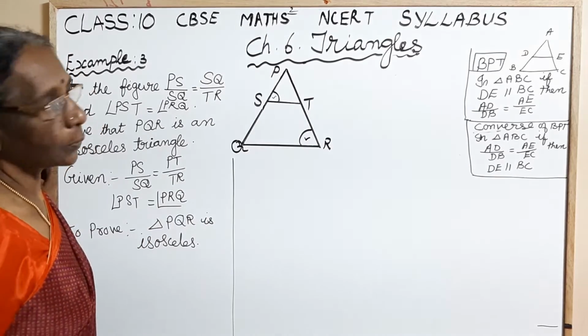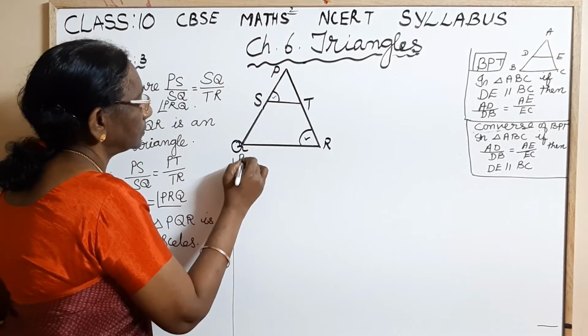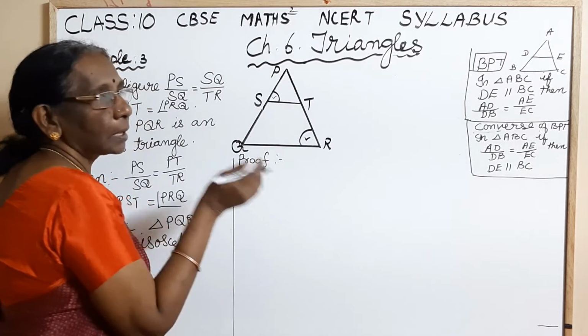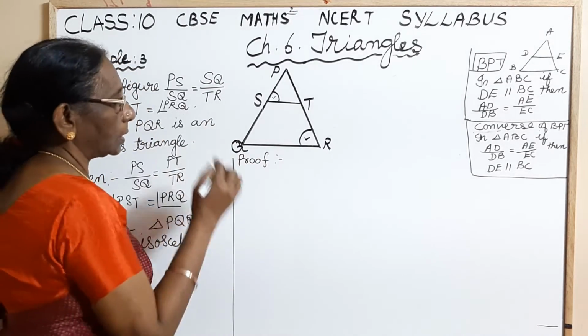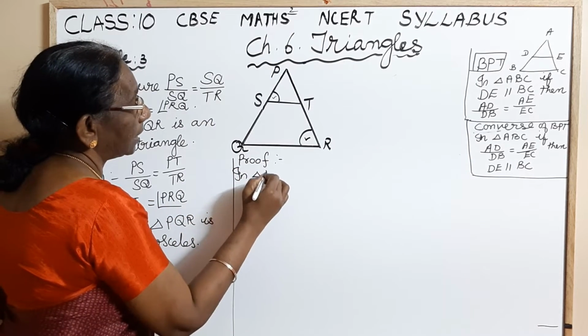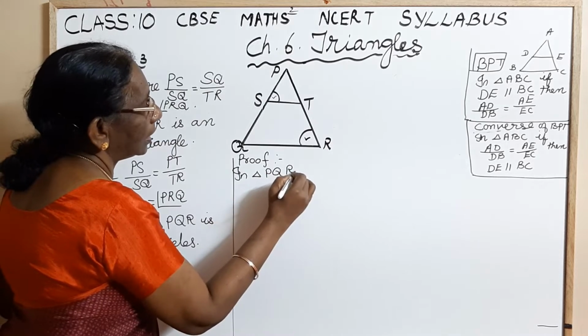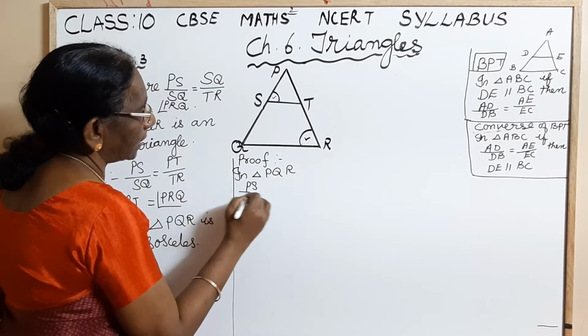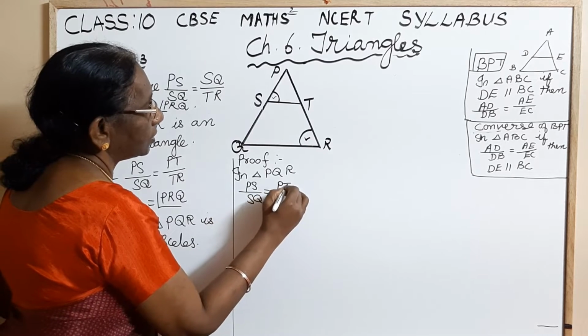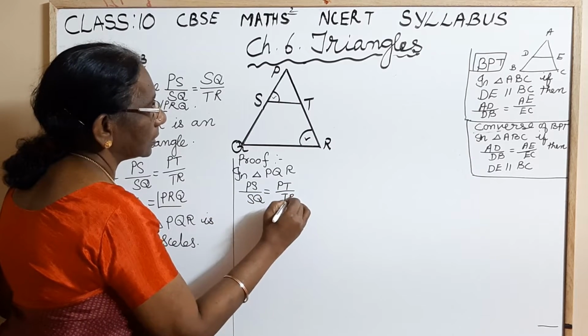Now let us start the proof. First, we have to use the converse of BPT. So, we just write in triangle PQR, PS by SQ is equal to PT by TR.